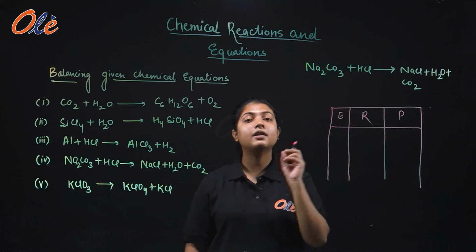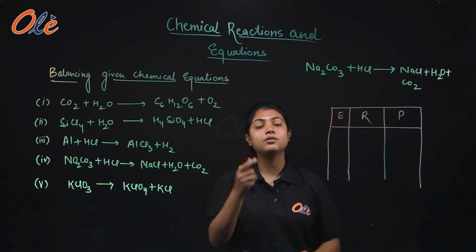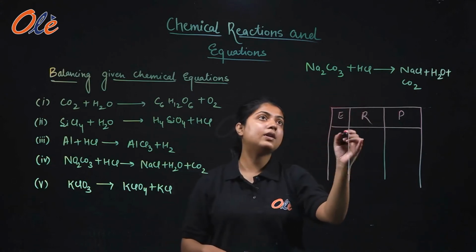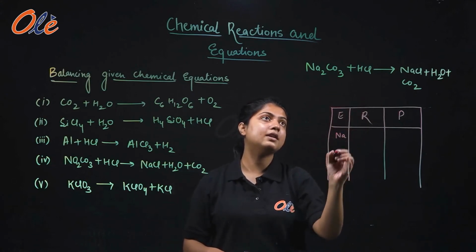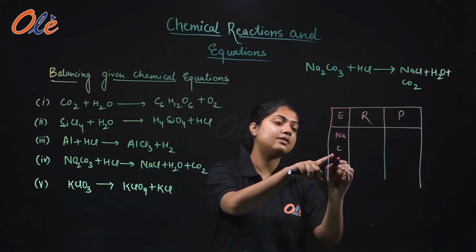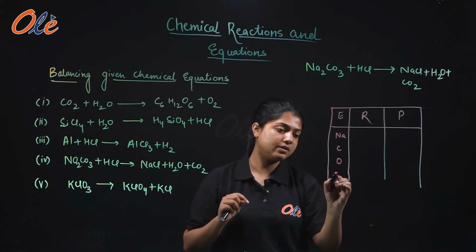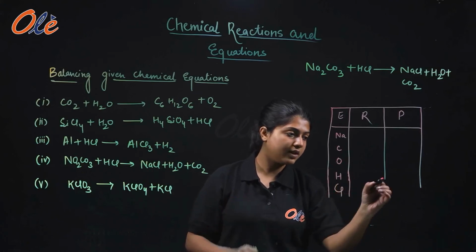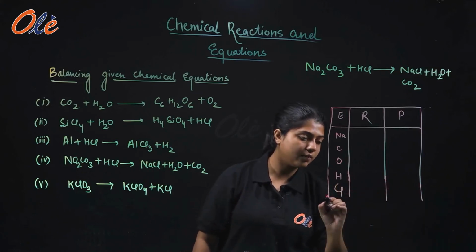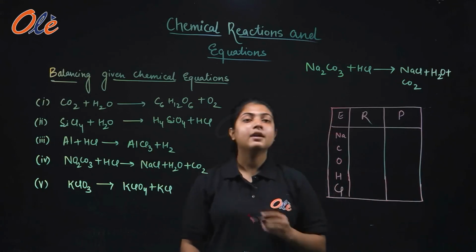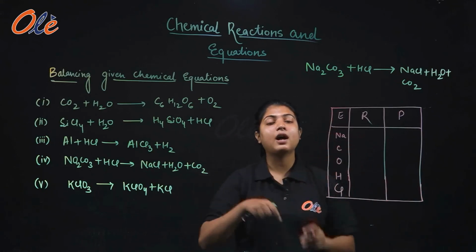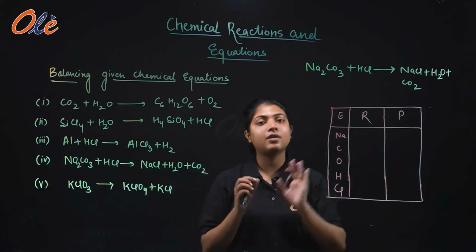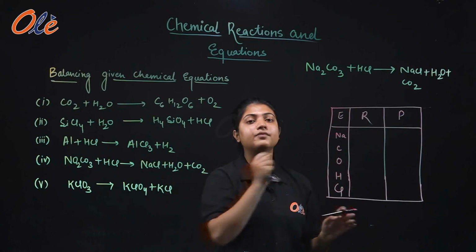Now in the element section, what are you going to write? You are going to write the symbols of the given elements in the equation. So sodium, that is Na, carbon, that is C, then oxygen, then hydrogen and chlorine. So these are the elements that are given in the equation. Okay. Now in the reactant side, you have to count the number of atoms, and in the product side you have to count the number of atoms of the given element.